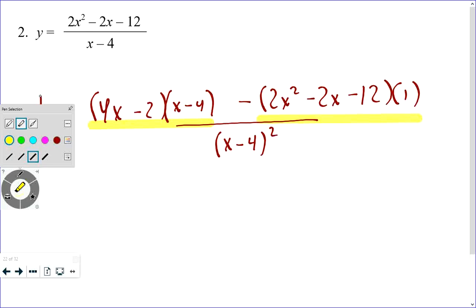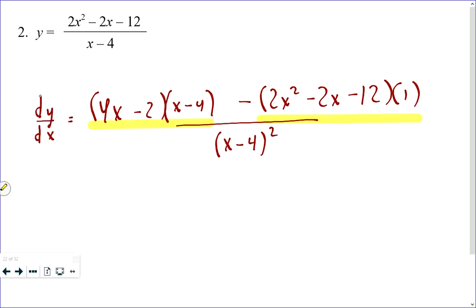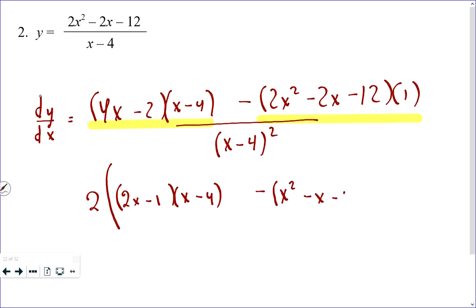So I could factor a 2 out of the 4x minus 2. And don't write this down. You can if you want. But I could factor that out and have left 2x minus 1 times x minus 4. And I could factor a 2 out of this and have x squared minus x minus 6 times the 1.